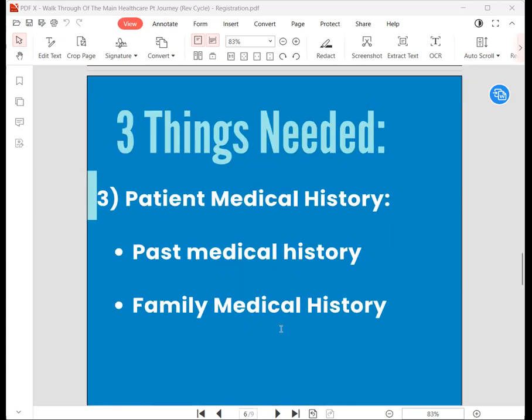All right, so going to the third item, it's the patient medical history. What does the patient medical history entail? Usually it's what the person's history has been. They may ask for past illnesses, past diagnoses, and whether someone has had any surgical procedures, when they had them, and at what hospitals.